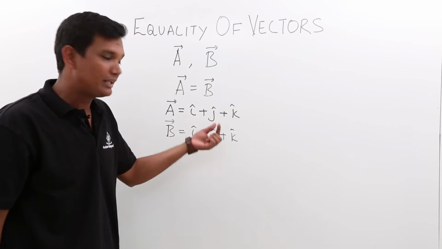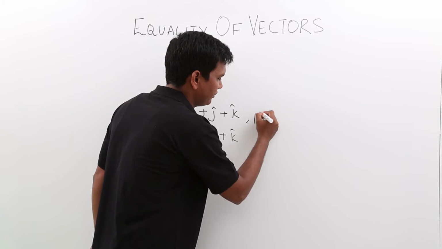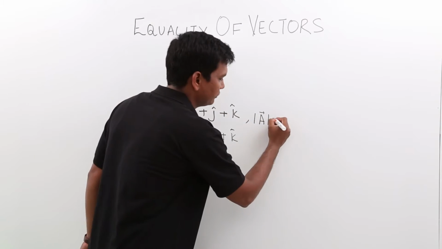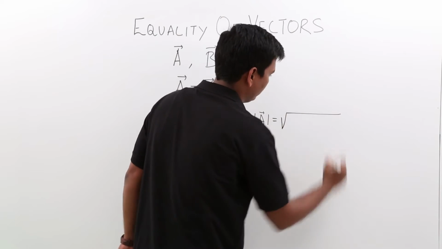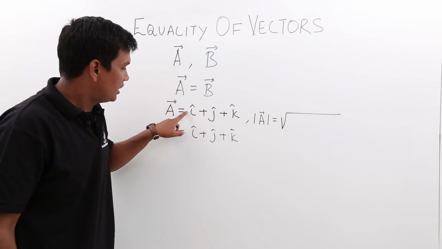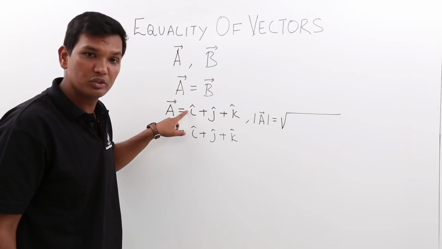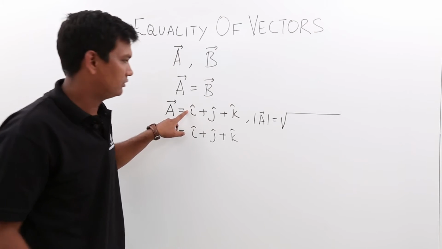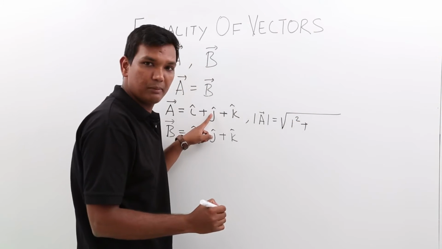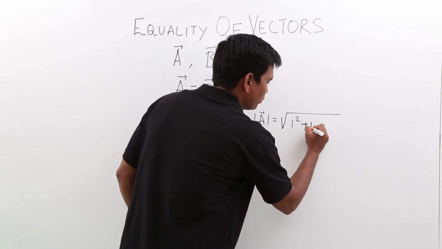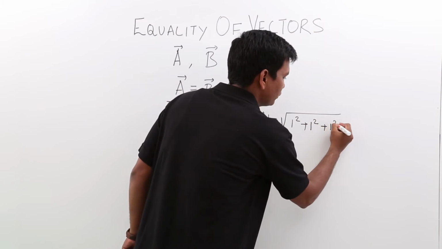Now if I try to calculate the magnitude of a vector, the mod of a vector would be given by the square root of the magnitude of I cap, which is 1, so 1 square, plus the magnitude of j cap, which is again 1 square, and the magnitude of k cap, which is again 1 square.